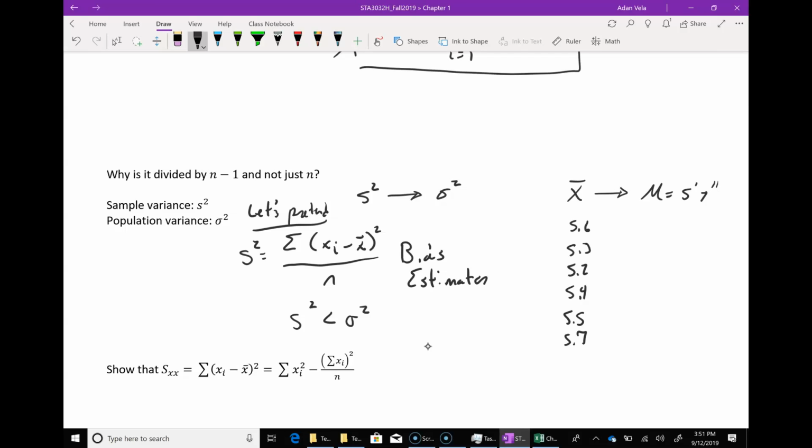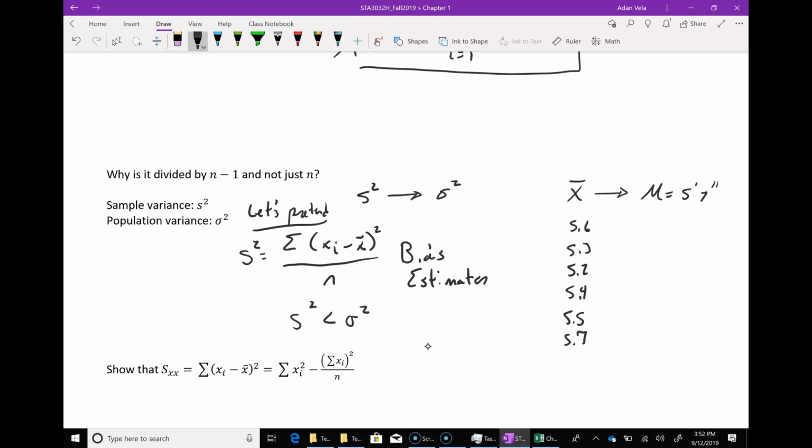Right? And the reason it's biased is because on average, if I were to use this equation, the sample variance I calculate would be lower than the actual variance of my population. And so this is bad. What you want is for these values to be about the same, to overlap.